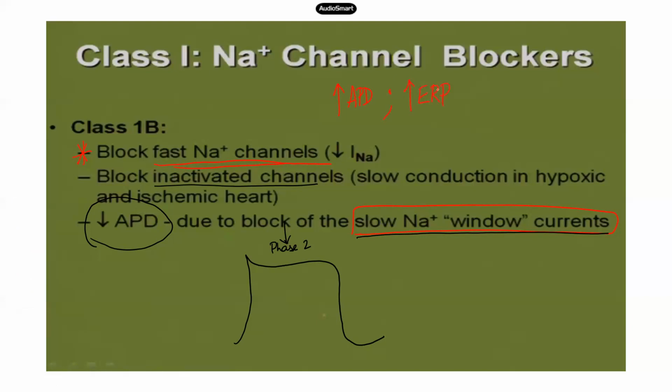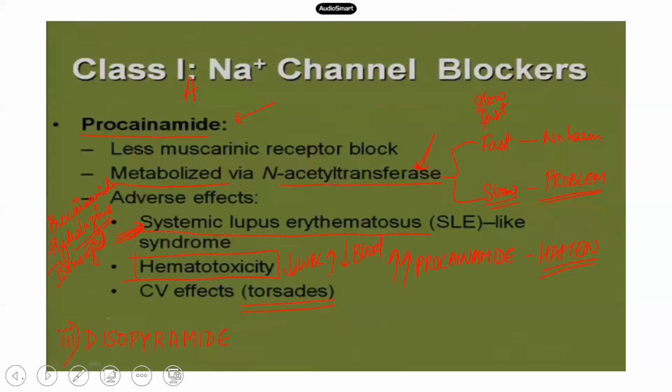Now with respect to class 1B drug, I have mentioned here that it is decreasing the action potential duration. So what are we basically doing? The first thing that you have to keep in mind is that we are blocking an inactivated channel. So what are we doing by blocking a channel that is already closed? To explain this, let me take you back to the previous slide of the sodium ion channels.